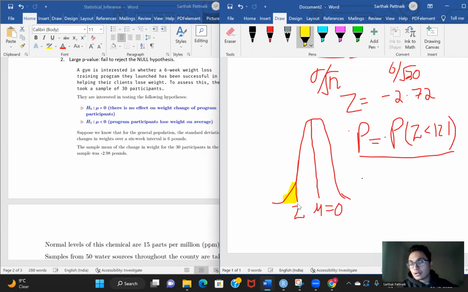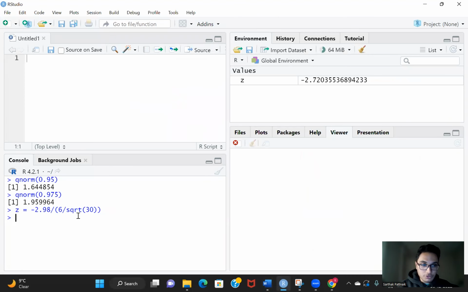So if you remember when we were discussing normal distribution using R, we went over this concept that whenever we are given a point and we need to calculate the area to the left hand side, the R function that we use is pnorm. And because the central value is at 0, this problem is of standard normal distribution.